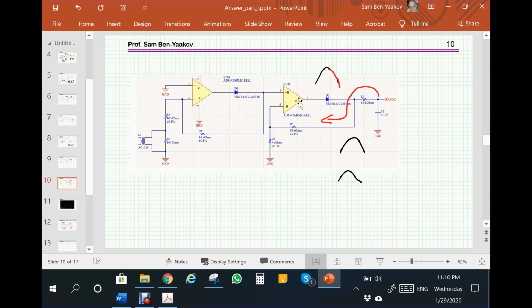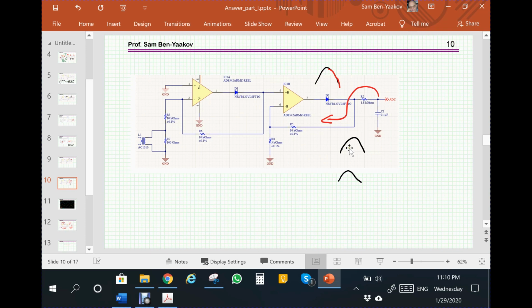Now, if this would have been connected directly, it could have discharged into the amplifier. It would sink, the amplifier would sink this current. So this would be a linear filter. Now, because of the diode, the current has to go this way. So this is now a nonlinear filter, because it's one way, one time constant, the other way it's another time constant.